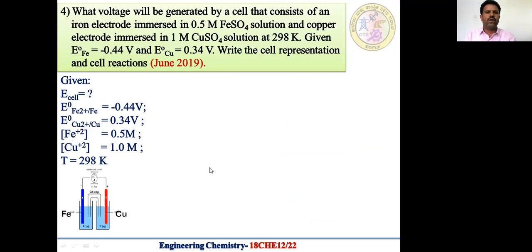Problem number 4. What voltage will be generated if a cell consists of an iron electrode immersed in 0.5 molar ferrous sulfate solution and a copper electrode immersed in 1 molar copper sulfate solution at 298 Kelvin, given standard electrode potential of iron equals minus 0.44 volt and standard electrode potential of copper equals plus 0.34 volt.